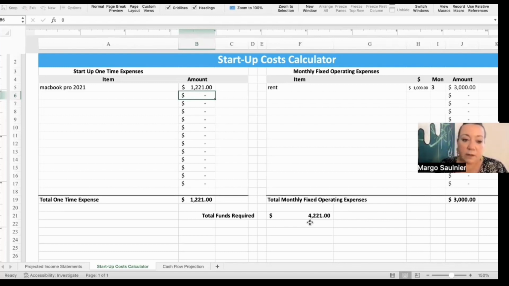So it is really sitting down and detailing all of the startup expenses and your monthly fixed operating expenses. Like you said, it's the startup expenses that are a little less straightforward. But once you start going through everything that you need to start your business, this should be a pretty lengthy list of items.